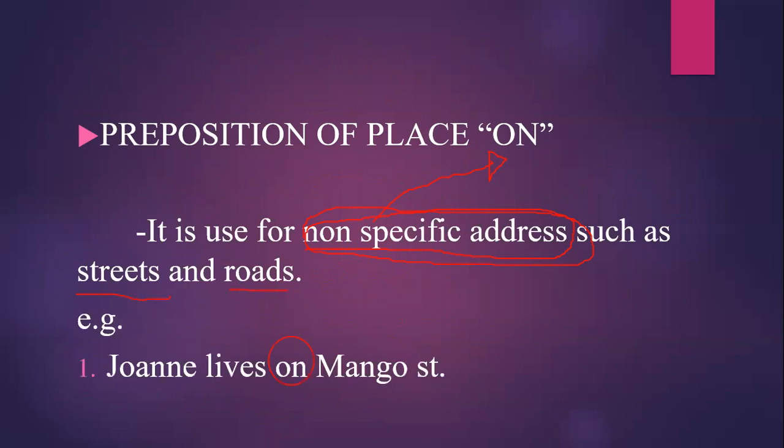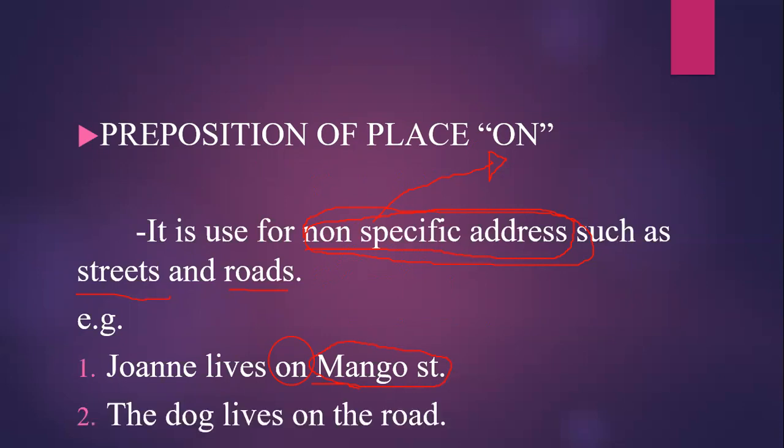For example, Joanne lives on Mango Street. Why do we use the preposition of place on? Because there is no exact or complete address on where Joanne lives. Basically, there are a lot of Mango Streets, not just here in the Philippines, but in other countries.